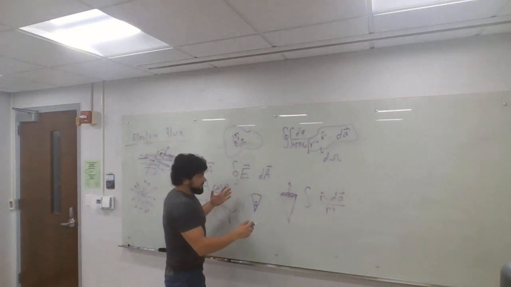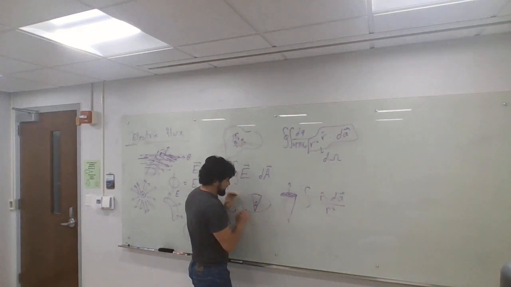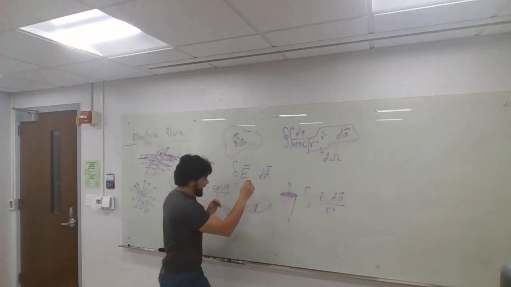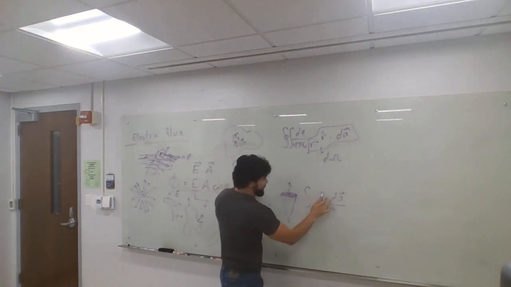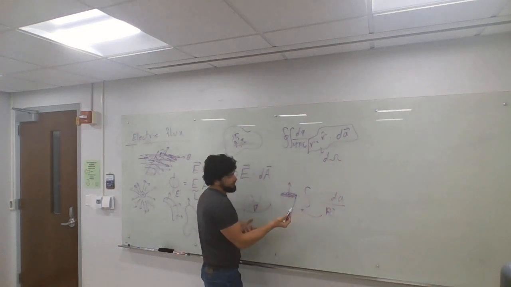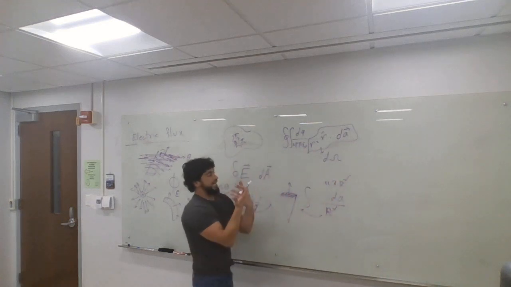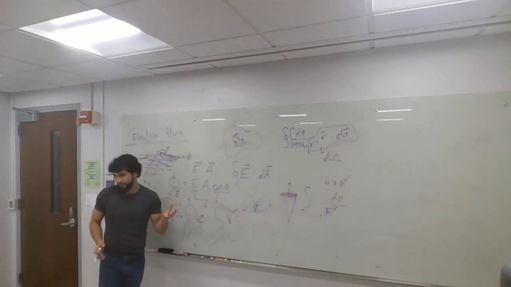So if you take a sphere, r hat is in the same direction as the area because it's a sphere. It's r hat and area on the same direction. So the dot product goes, and this dot that, this is 1. This is going to be dA over r squared. R is constant for the sphere. You take it out, and the area is 4 pi r squared. This cancels, and the full solid angle is 4 pi.